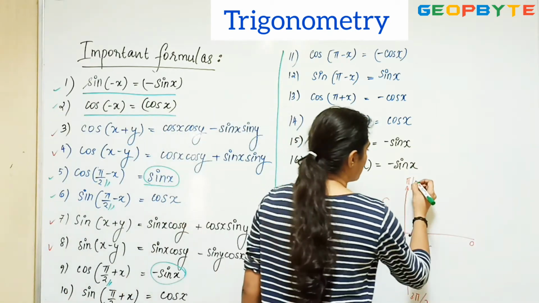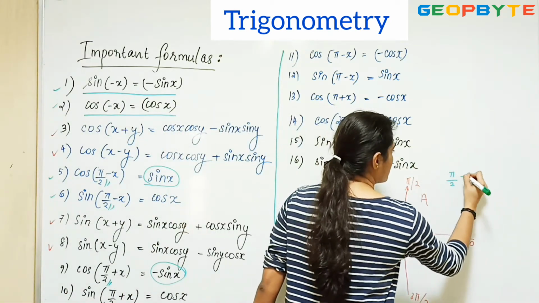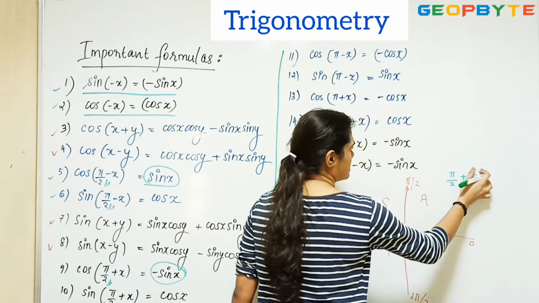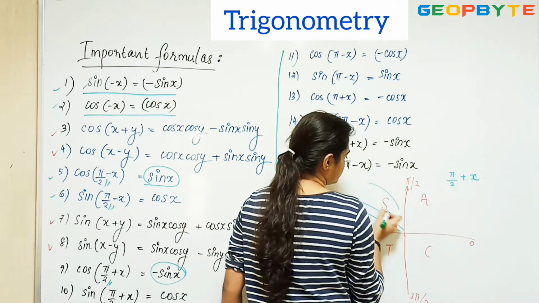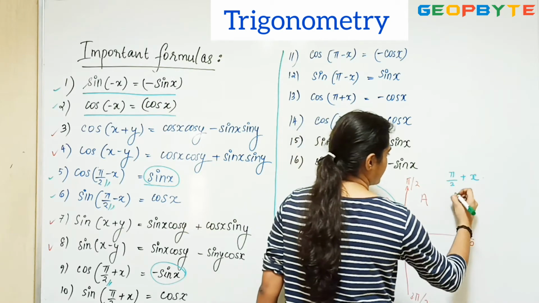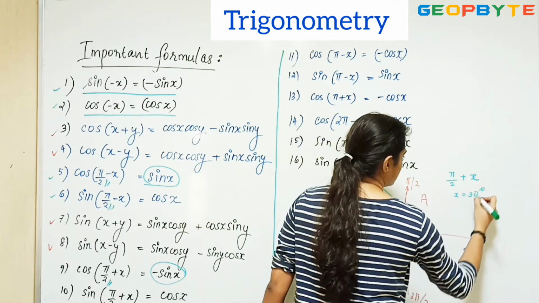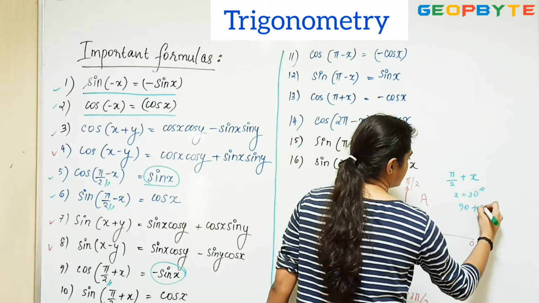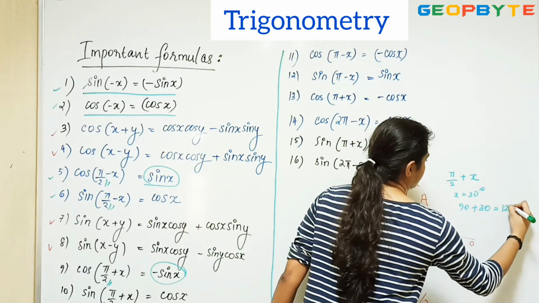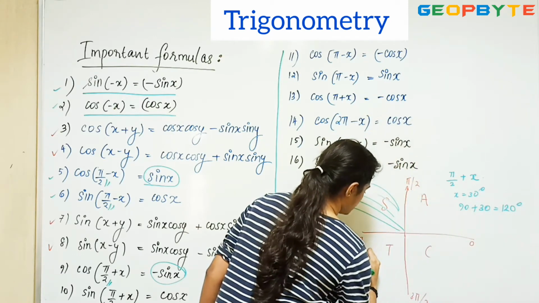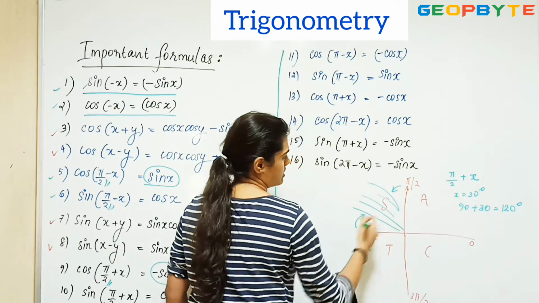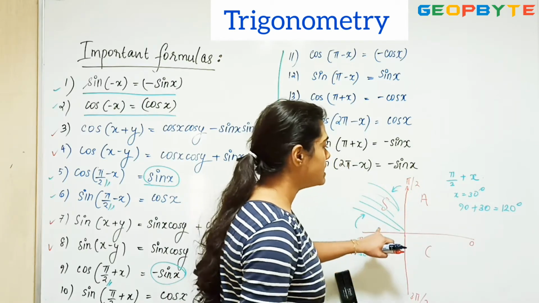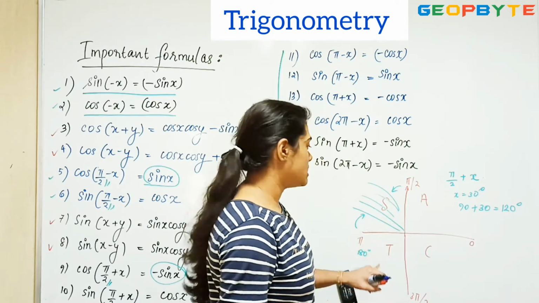You can see that pi by 2 plus some angle x will be somewhere in this quadrant, right? If x is some 30 degrees, then 90 plus 30 is 120 degrees. So this is 180 degrees. So it will be somewhere in this quadrant. But here only my sine and its complementary angle is positive.